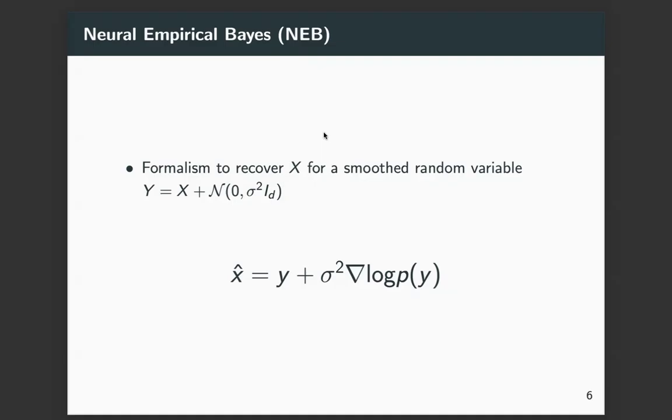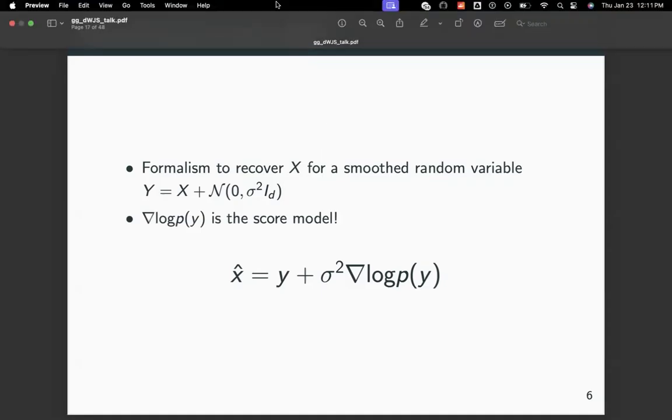You can see there's a formalism, the approximation of x given y, and that formalism should look very similar. That's again the same nabla log p, but this part is actually the score model. So if you can learn the score model, then you can take this noisy y and get back the x.